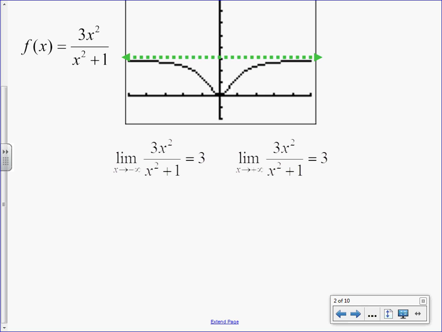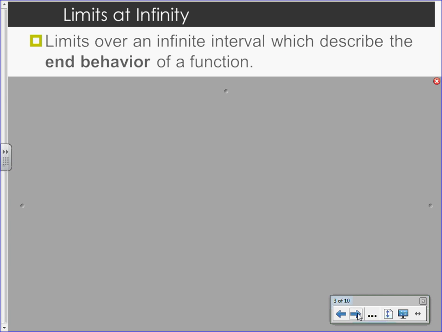Basically, a limit at infinity is explaining the behavior of the graph. Either we're going to approach an asymptote, or we're going to increase or decrease without bound. Limits at infinity are going to describe the end behavior of a function.